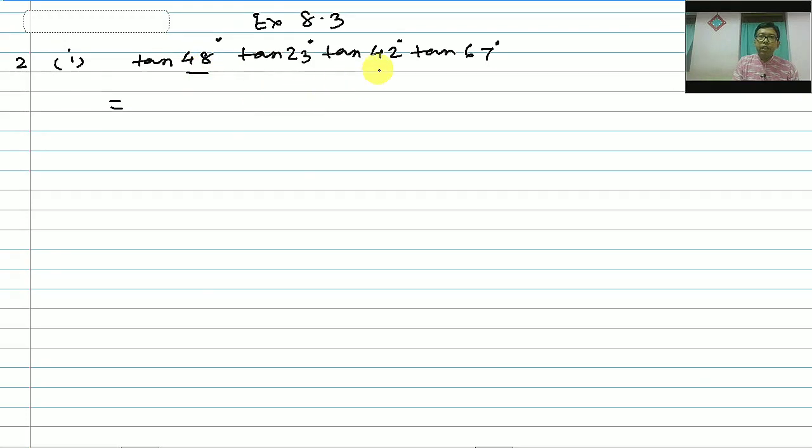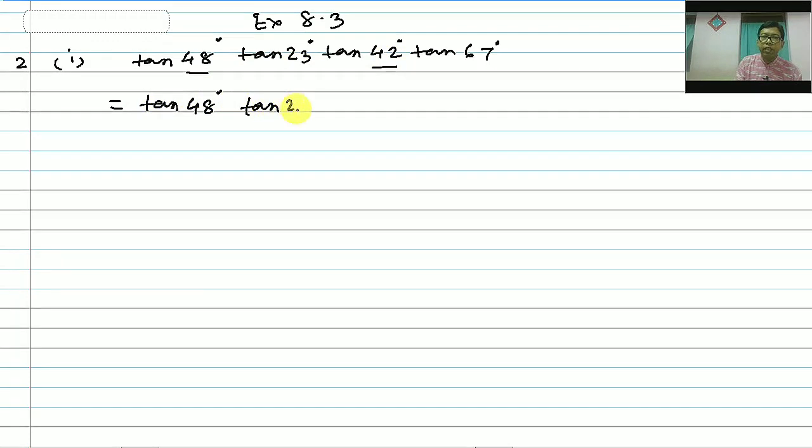Okay, 48 degree and 42 degree, if you add these two angles, you will find 90 degree, that means these two angles are complementary to each other. So don't change tan 48 degree, it is as usual. Similarly tan 23 degree also as usual. You just change tangent of 42 degree. 42 degree means 90 degree minus 48 degree.